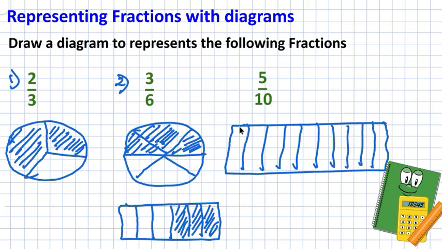So we have 1, 2, 3, 4, 5, 6, 7, 8, 9, and 10. So this is my 10 equal parts. The part that we have is 5. So I will shade 5. So this is our diagram for 5 out of 10.